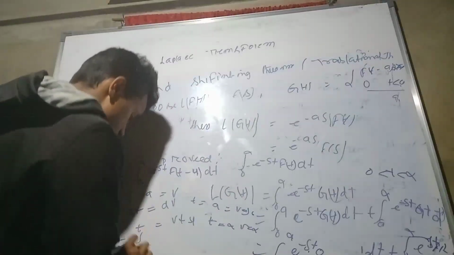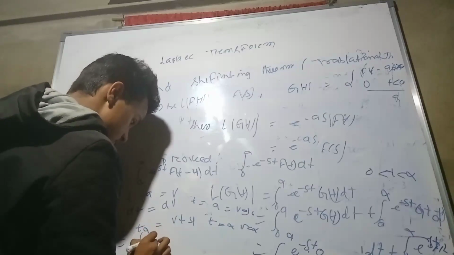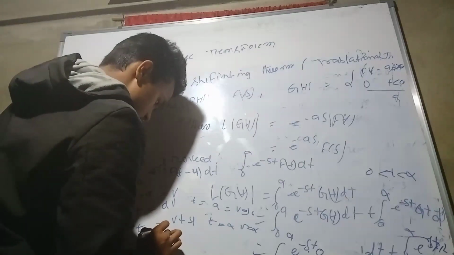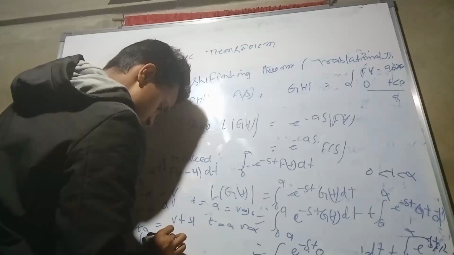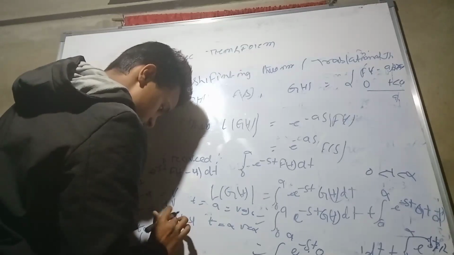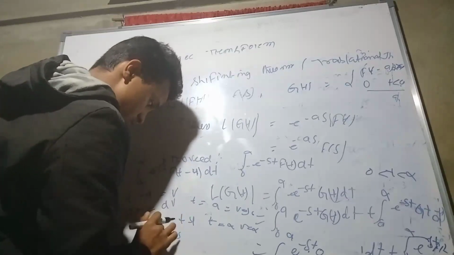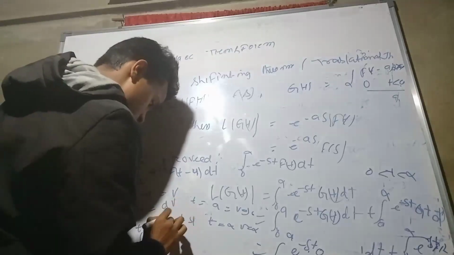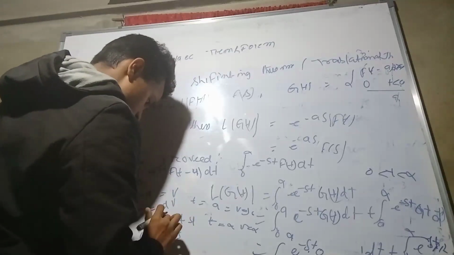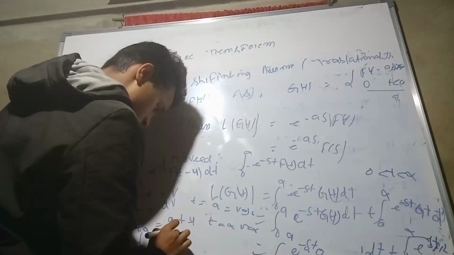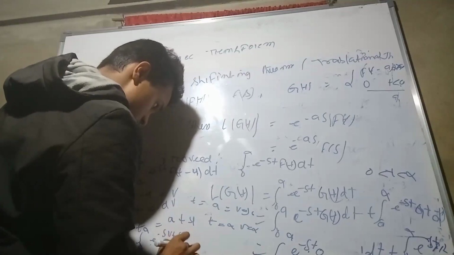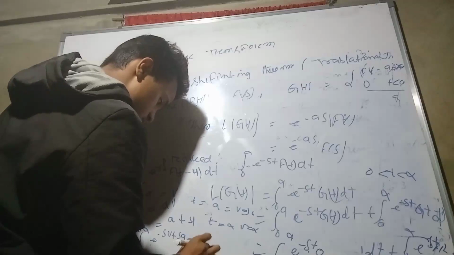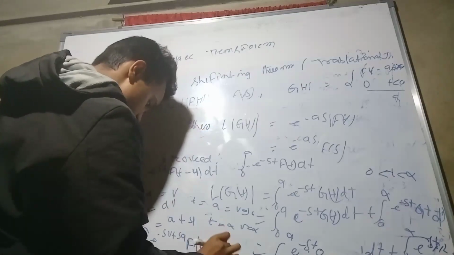So that changes our integral to the integral from 0 to infinity of e to the power minus s times (u plus a) times f of u du.